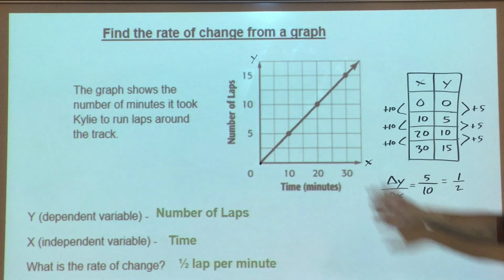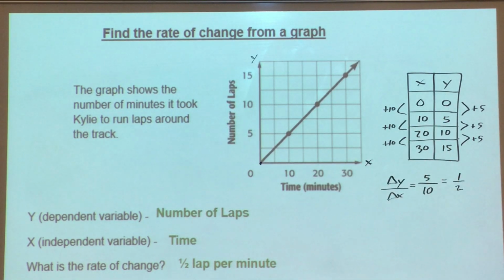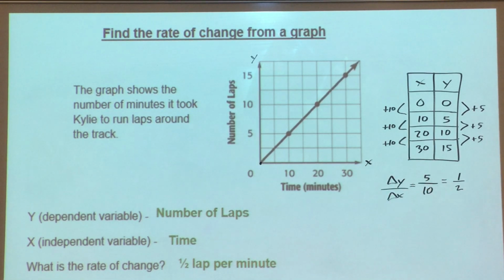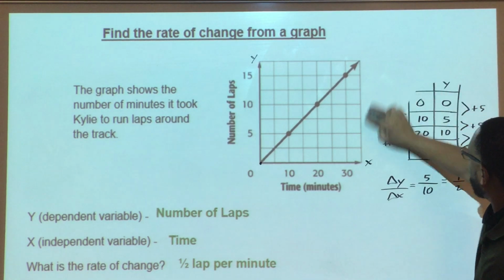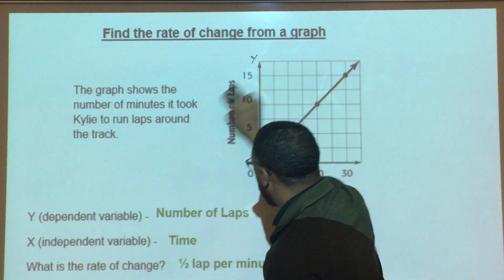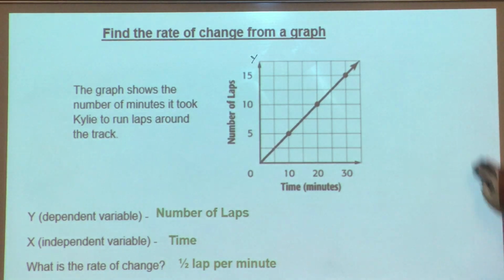You'll see that tables, graphs, word problems, that there are a number of different ways that you can reflect the same information. This unit, we'll be looking at tables, graphs, word problems, and equations. So 4 different representations of the same information. Got to be able to find the rate of change, though, in order to understand those representations.